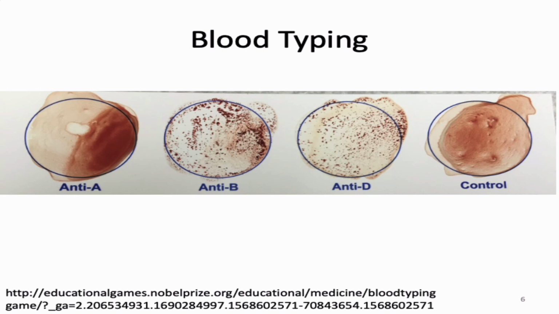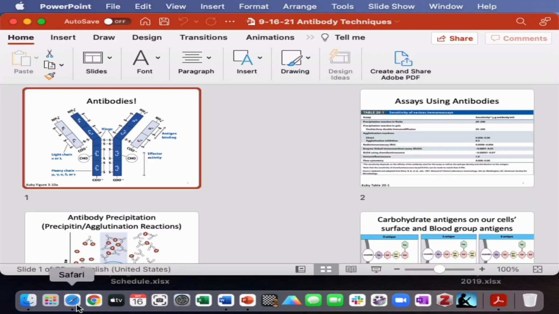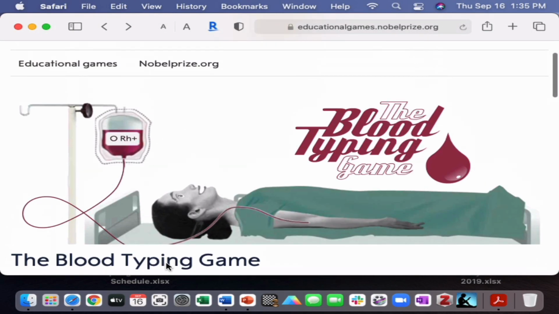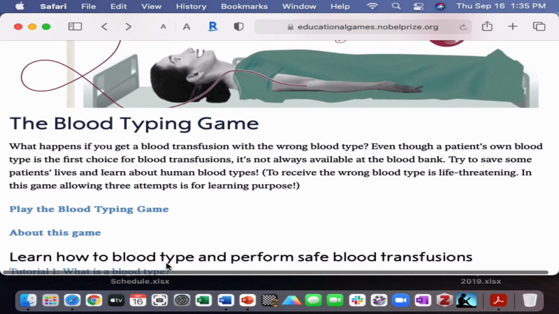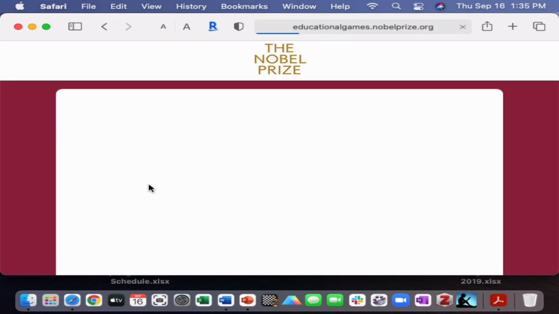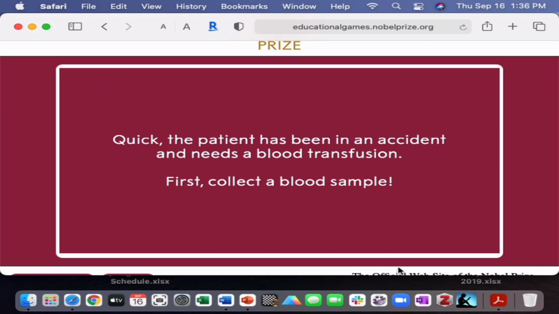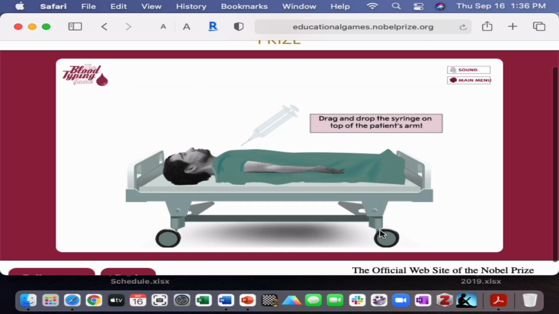Just as a further example, NobelPrize.org has a blood typing game on their website where you can figure out details of blood typing. I'm not going to go through all of the details of this whole game, but this is really what happens. We have our patient who needs a transfusion.